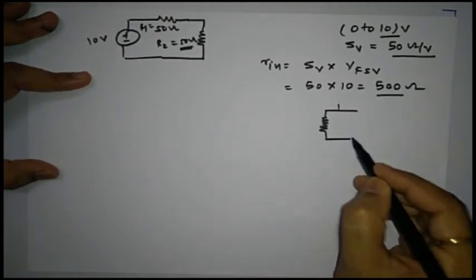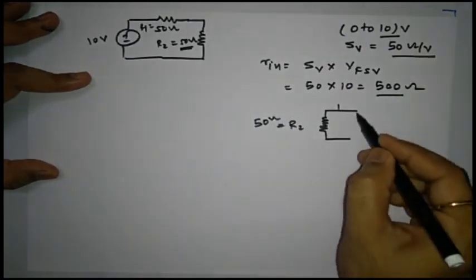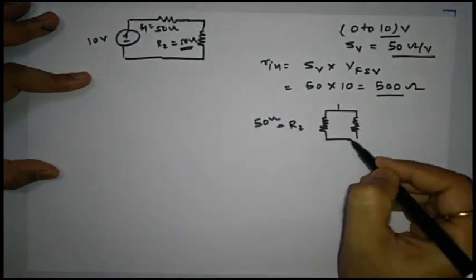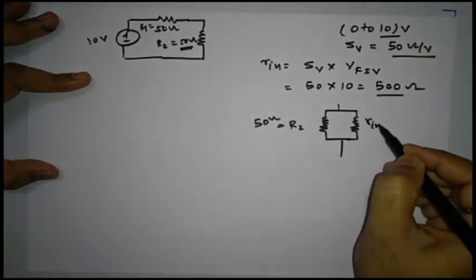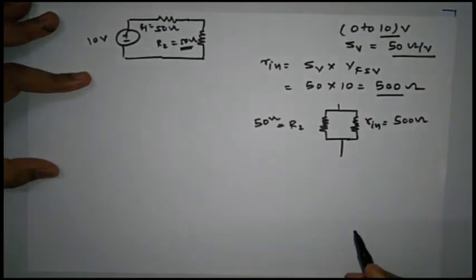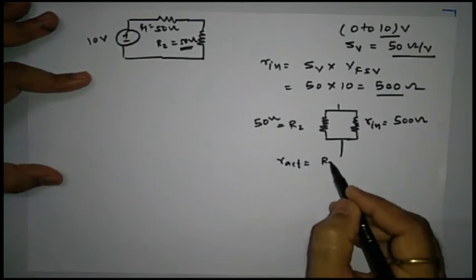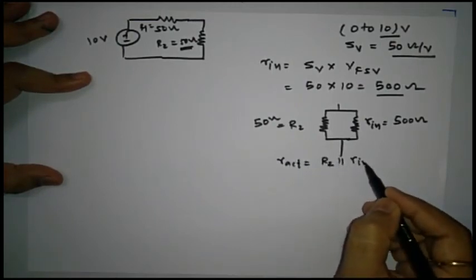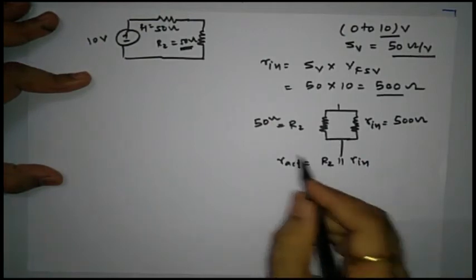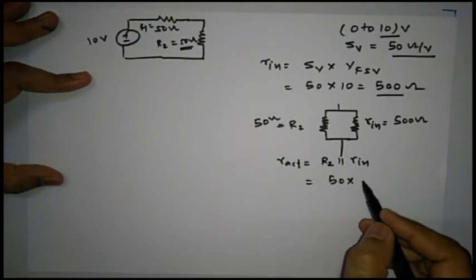Here we have R2 of 50 ohm value, in parallel with an internal resistance of 500 ohm. Now R actual in this case is going to be R2 in parallel with R in.